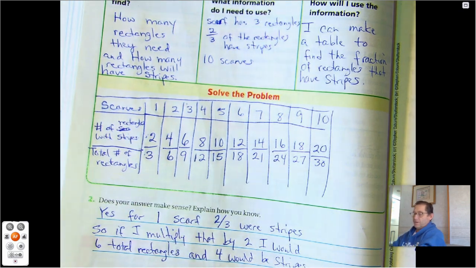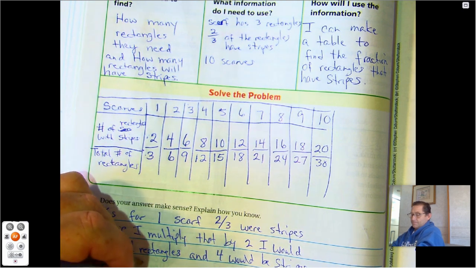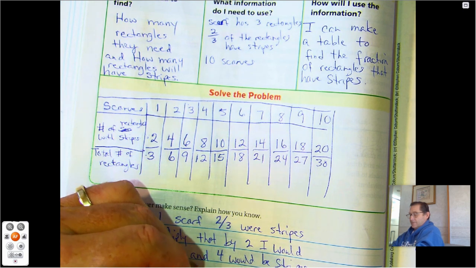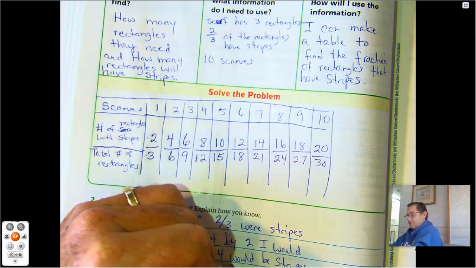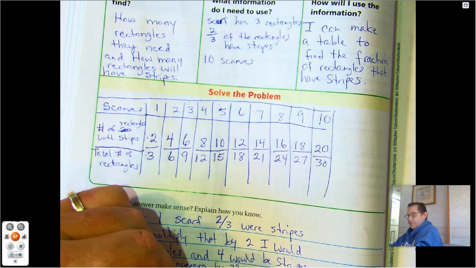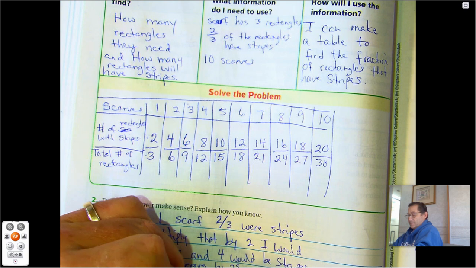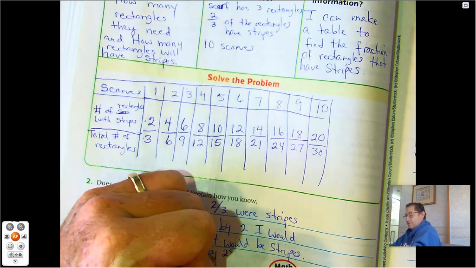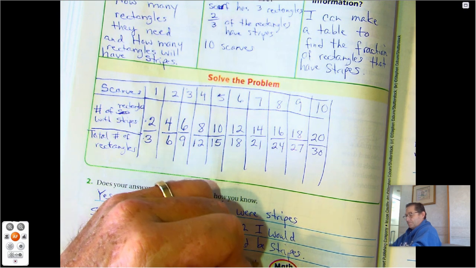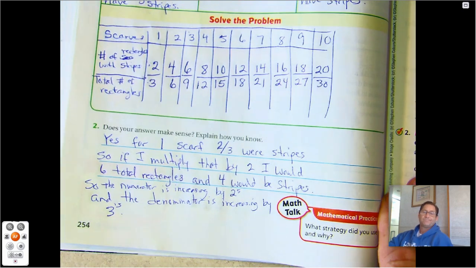So the numerator is increasing by 2's, and the denominator is increasing by 3's. Okay, so I think that makes sense.